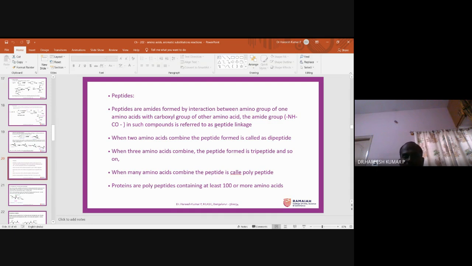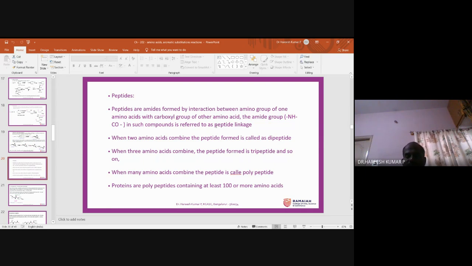Suppose two amino acids are joined, then the obtained one is called dipeptide. If three amino acids are joined, then the obtained one is called tripeptide. If it is more, tetra, penta, hexa, deca, and then if it is more, it's called polypeptide.